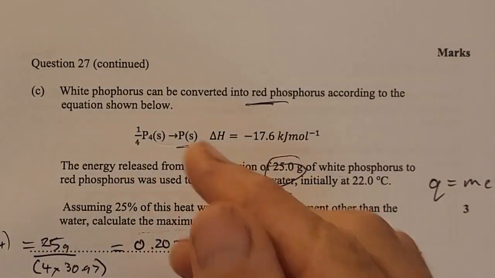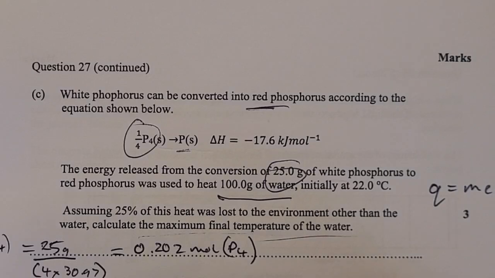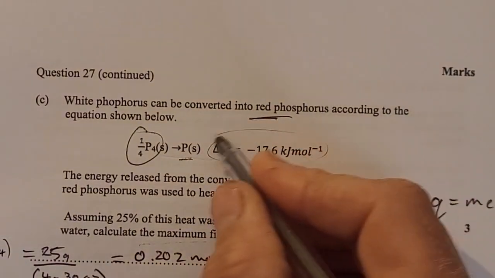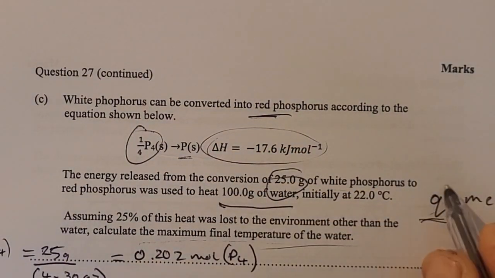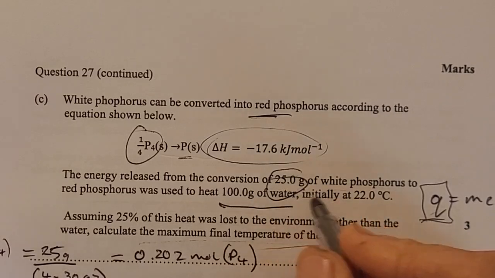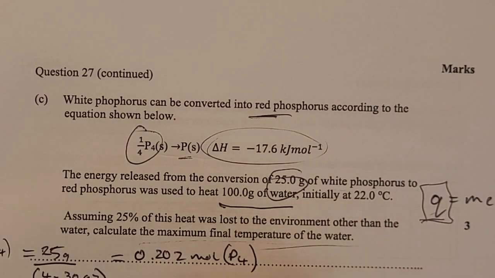Now what's interesting is the equation is for 0.25 moles of P4, because we want to find out how much heat is given off with our amount of white phosphorus.